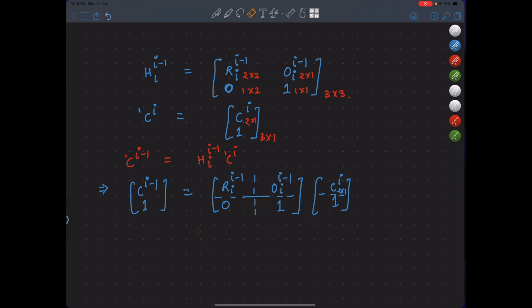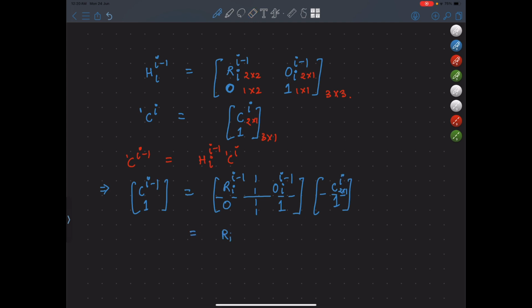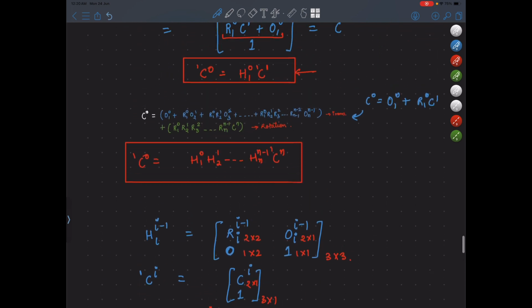So this R can be multiplied by Ci plus O i minus 1 i into 1, which is O i minus 1 i, and the bottom can be multiplied by 1. So this is C i minus 1 and 1, which is the general expression that we derived in our previous section. And why this is used, we already saw: it is a simpler way of writing.